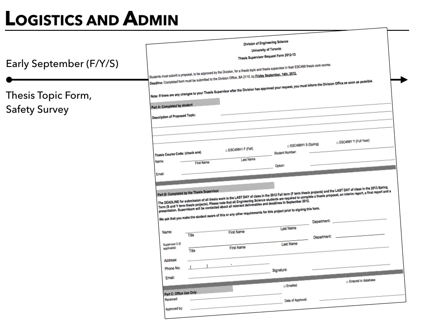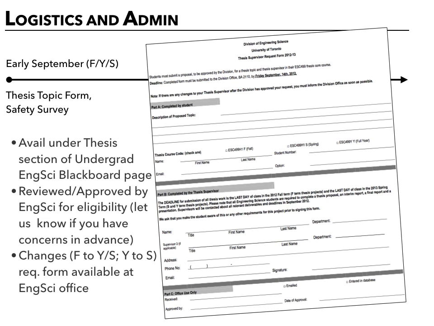The thesis topic form just identifies who your supervisor is going to be, describes your proposed topic, and just basically allows us to register your project as a potential thesis that's going to go forward. This form is already available in the thesis section of the undergraduate and Sci Blackboard page. And it's something that's reviewed and approved by engineering science for eligibility.